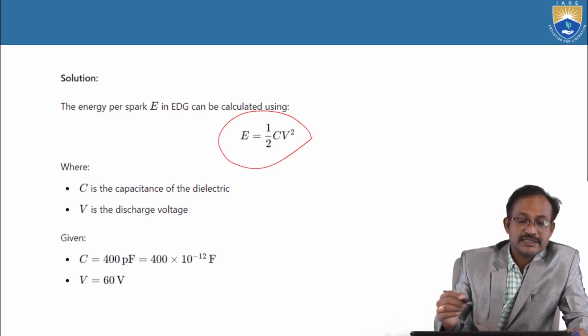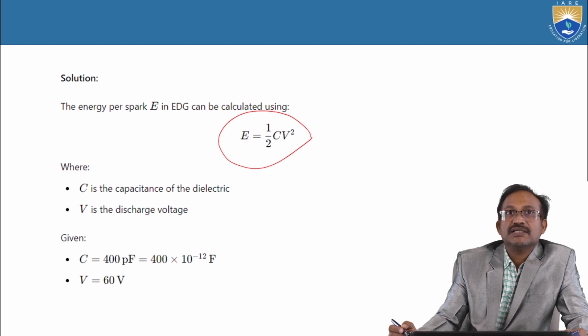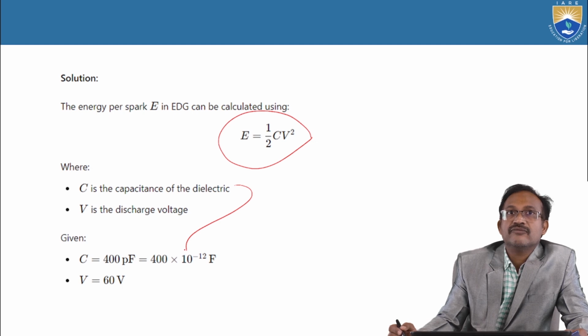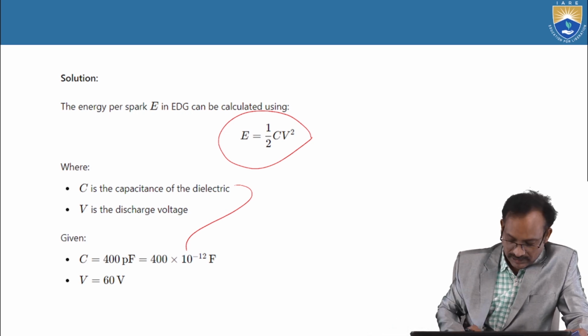C is the capacitance of the dielectric, that is 400 pF. Already we have discussed that we have to convert that pF into F, so we multiply with 10 power minus 12, and discharge voltage is 60.